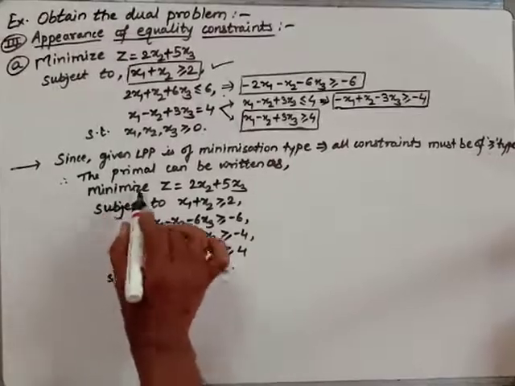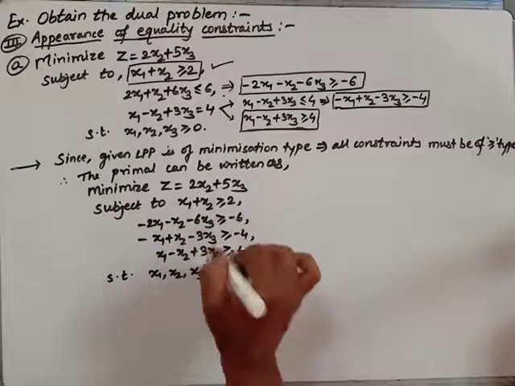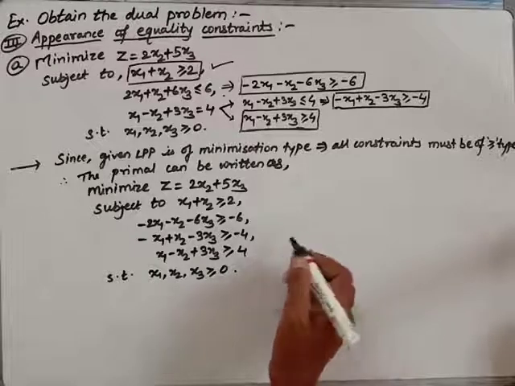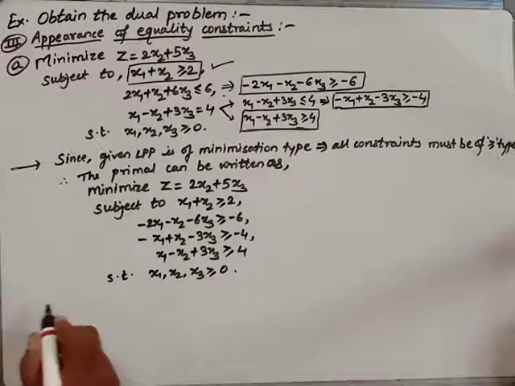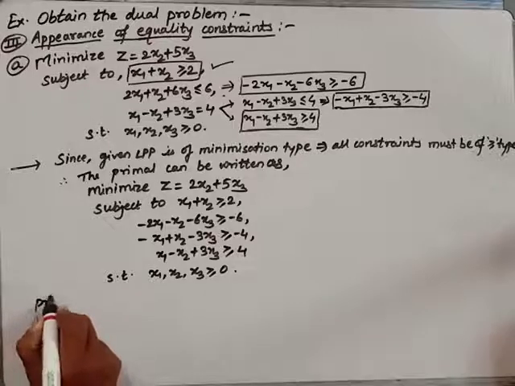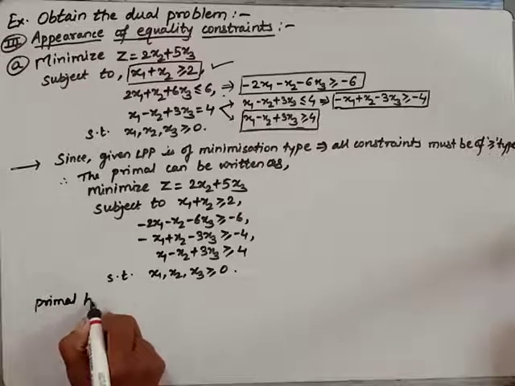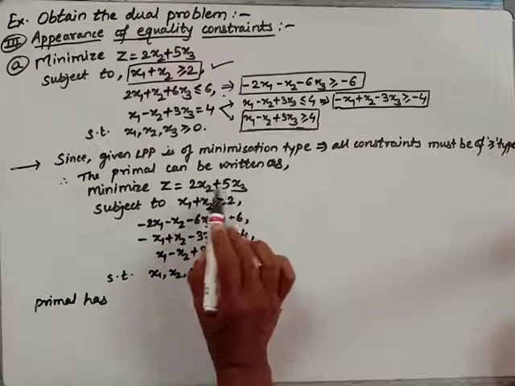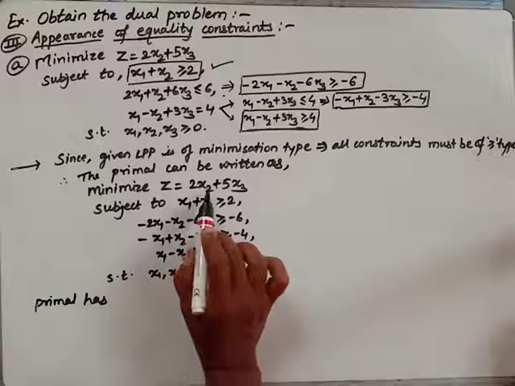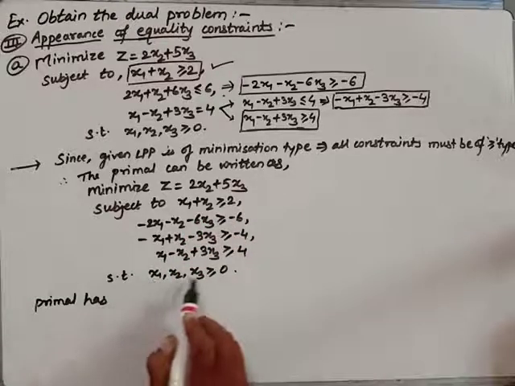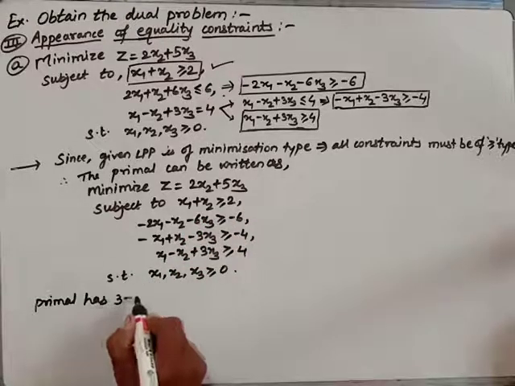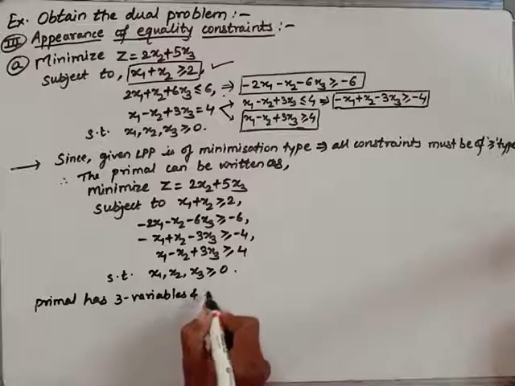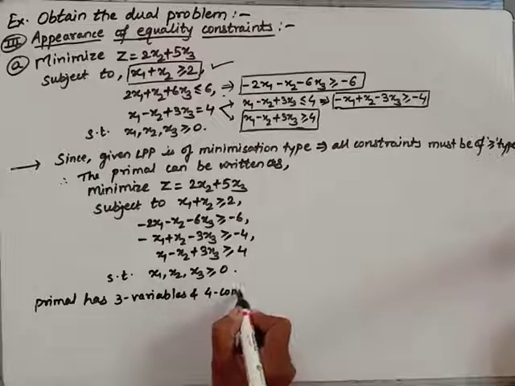So as it is minimization type, all constraints are now of greater equal type. Therefore let me write the solution for the dual. Now the primal has how many variables? Look here. In the objective function we see two variables, x2 and x3, but looking at the constraints, it has three variables and four constraints.